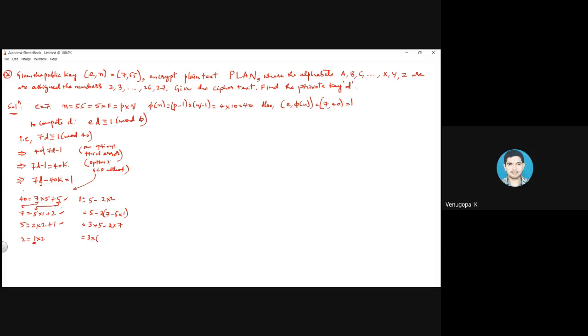By this particular step, 5 can be written as 40 minus 7 into 5. What else do we have? 3 into 5 is replaced by 40 minus 7 into 5, minus 2 times 7. This is what we have. So that will be equal to 3 times 40. One job is done.